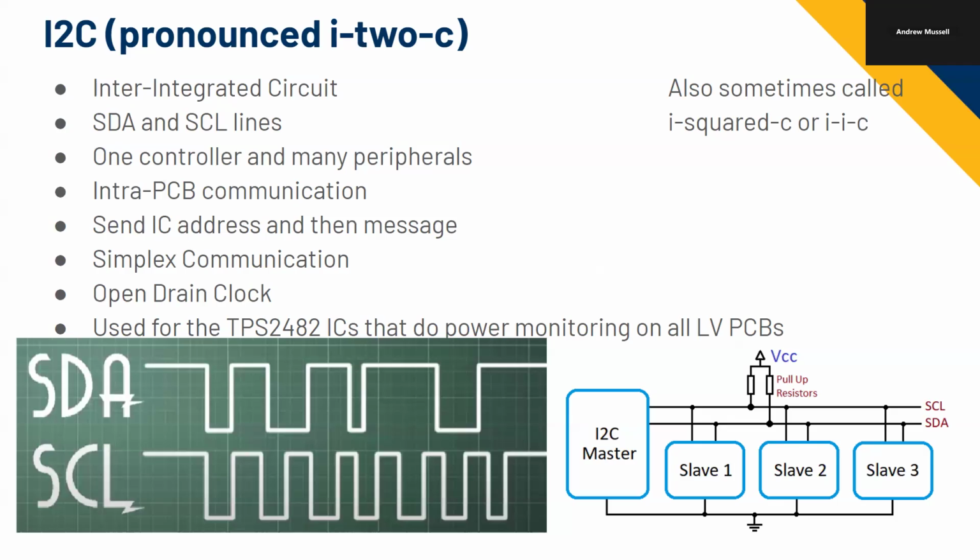And my clock will just go up and down, and on every rising edge, it'll read what the value of the data line is on that rising edge. So it'll be like 0, 0, 1, 1, 1, 0. And so it'll clock in a new value every rising edge.